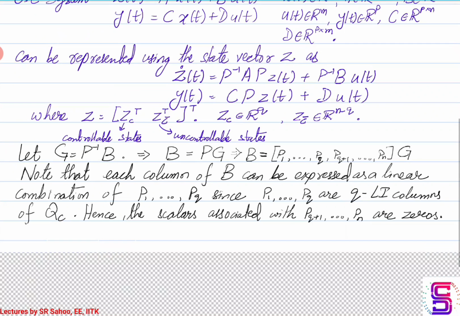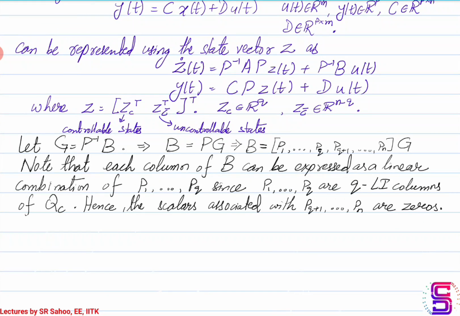Now we want to understand what is the special structure associated with P inverse AP and P inverse B because of such a peculiar choice of the transformation matrix P.